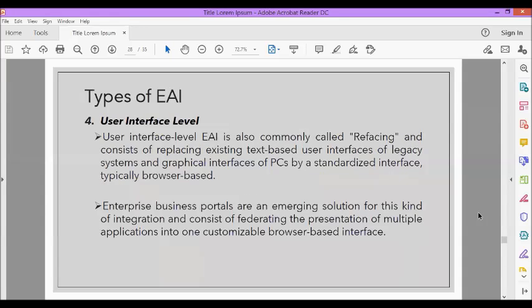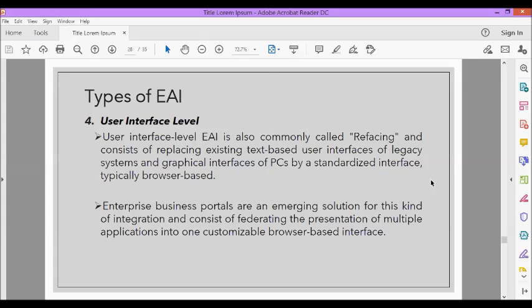The fourth type of EAI is the user interface level. It is commonly called refacing and consists of replacing existing text-based user interfaces of legacy systems and graphical interfaces of PCs by a standardized interface, typically browser-based.